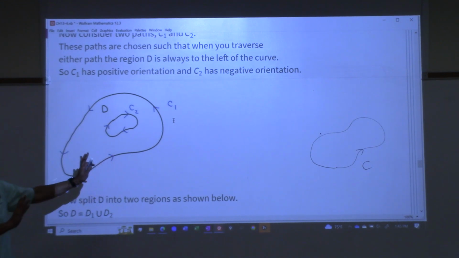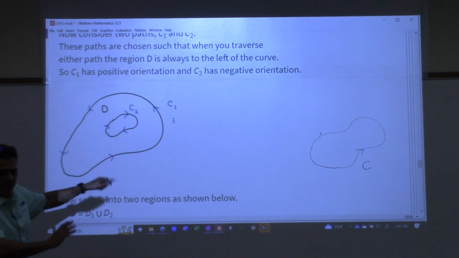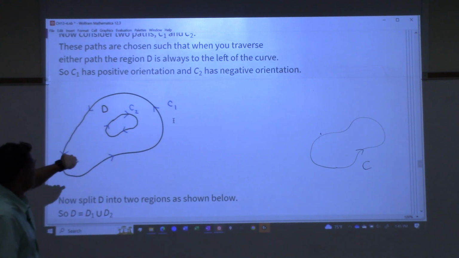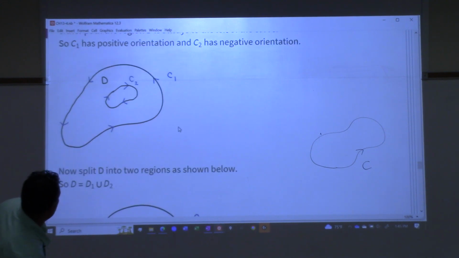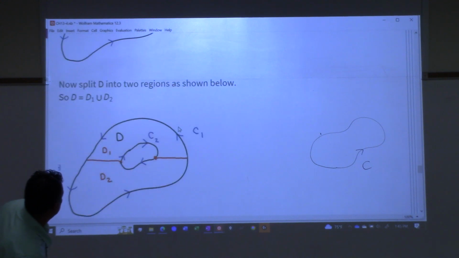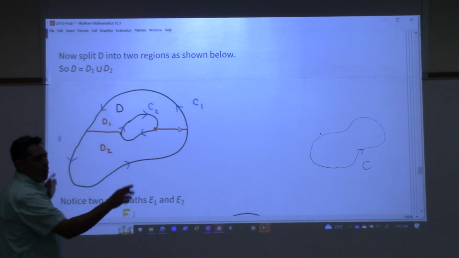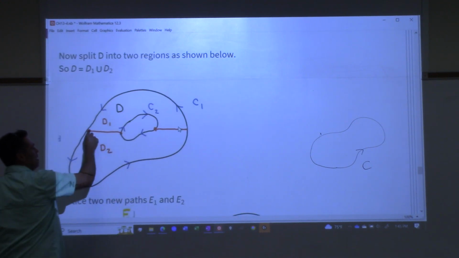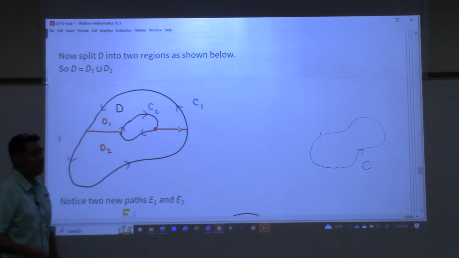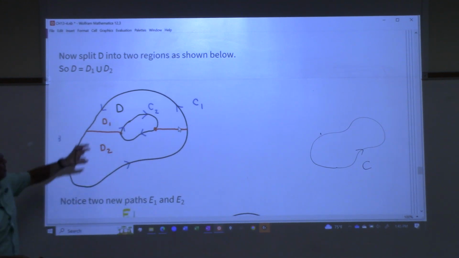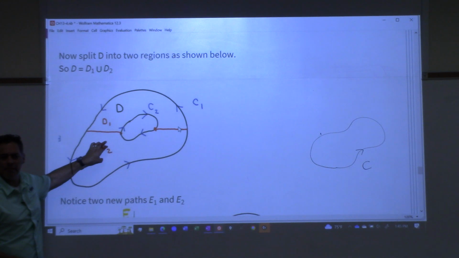So I'm going to draw it this way. You all with me? C1 goes counterclockwise, C2 goes clockwise. Now what I'd like to do is split the region D anywhere you want. On this side somewhere, split it, and over here, split it. So now I've created two new regions, D1 and D2, right? Yeah?